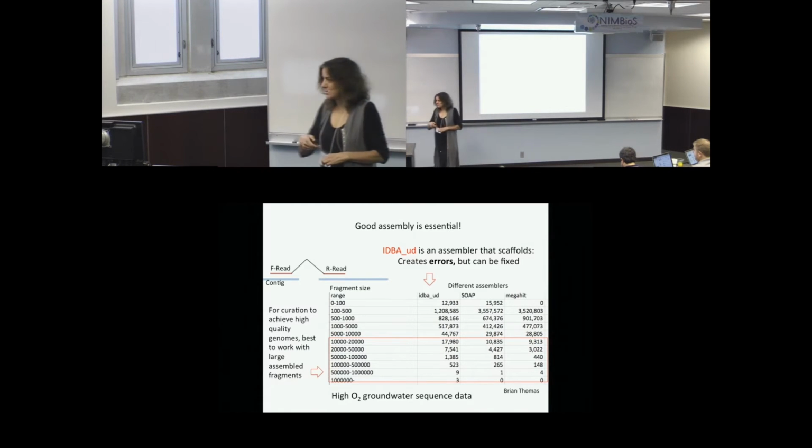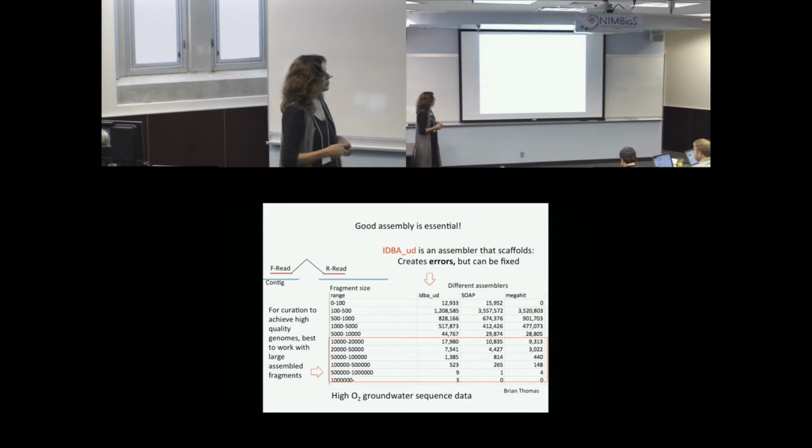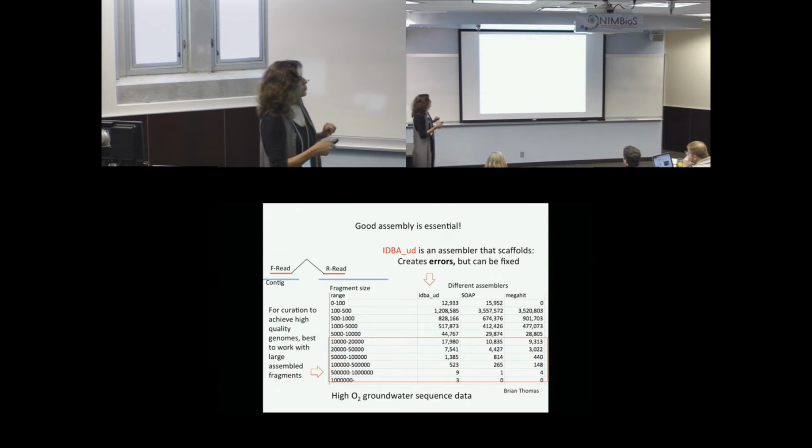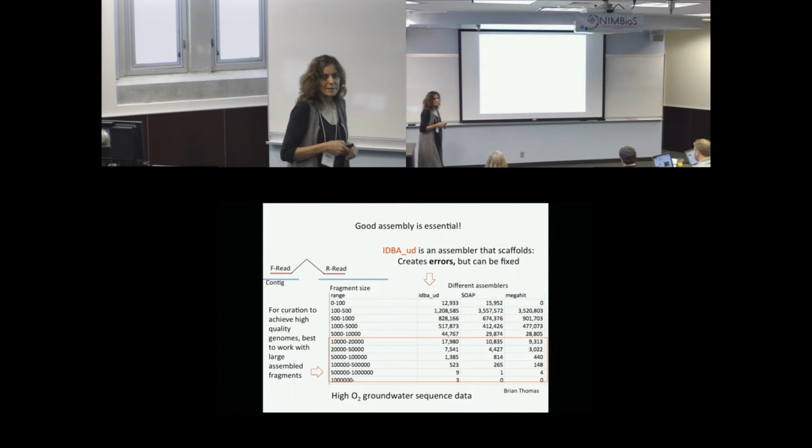And you can see the consequence of this if you look at the statistics put together by Brian Thomas. You can see, for us, the most important thing is we have lots of large contigs, which were then available to be curated into really high-quality genomes if you use this scaffolding step. This is really vital. The problem is IDBA-UD makes errors.